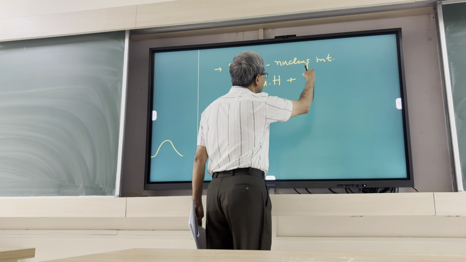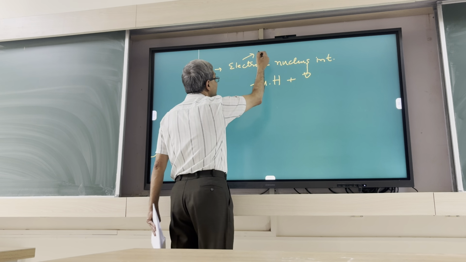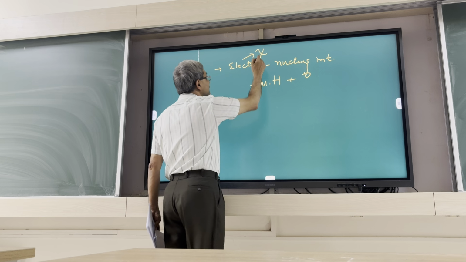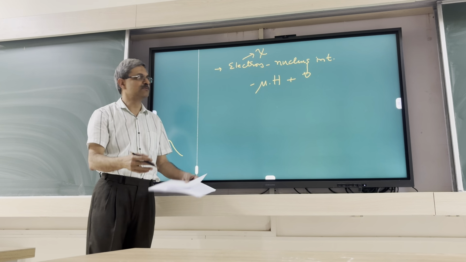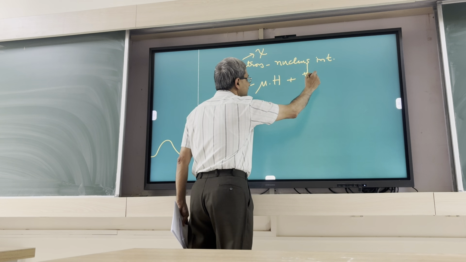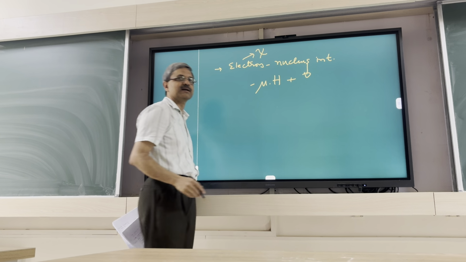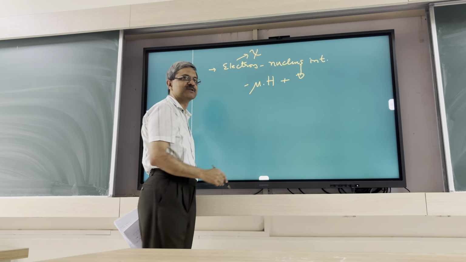And the immediate impact is that the electron system is basically having some magnetic property. So you have a magnetic susceptibility from the electron system, and that is causing some additional field at the nuclear site. So any shift of the resonance is because of the electron susceptibility.